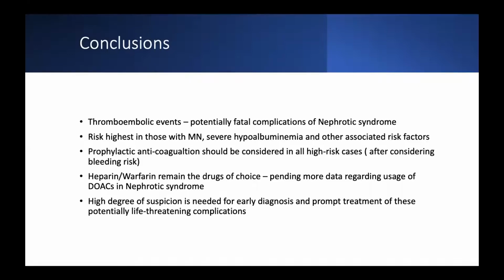A high degree of suspicion is needed for early diagnosis and prompt treatment of potentially life-threatening complications, which usually present with very minor symptoms like an increase in proteinuria or worsening of creatinine.